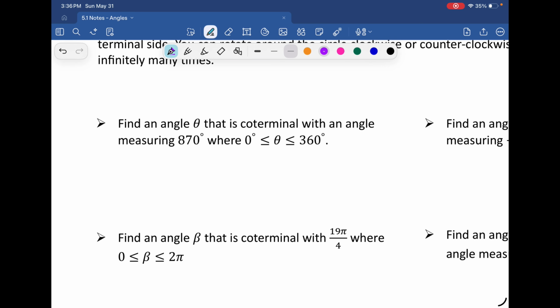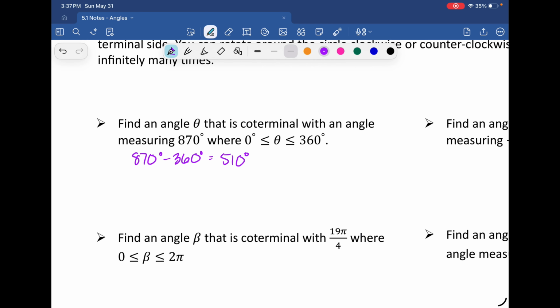Find an angle theta that is coterminal with an angle measuring 870 degrees, where theta is between 0 degrees and 360 degrees. Well, 870 is obviously too big. So I'm going to take 870 and subtract 360. It looks like it's going to be 510 degrees.